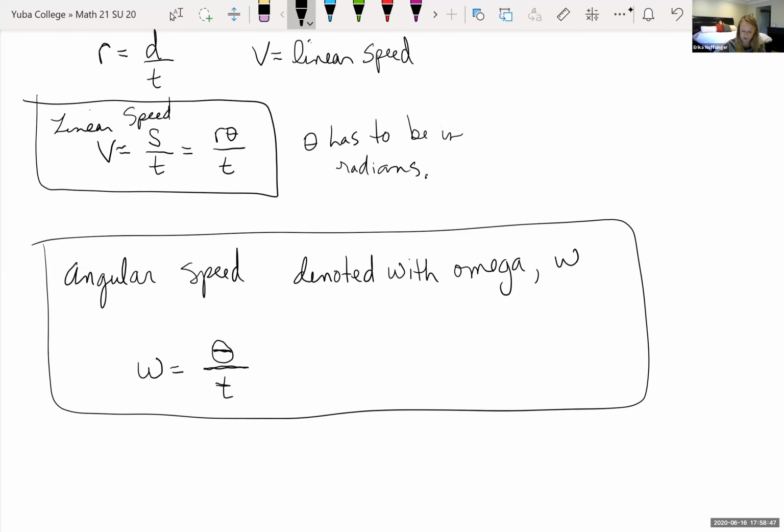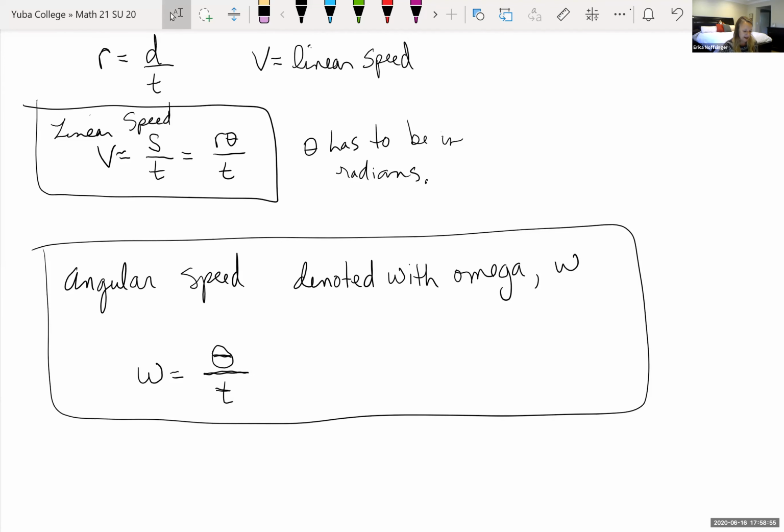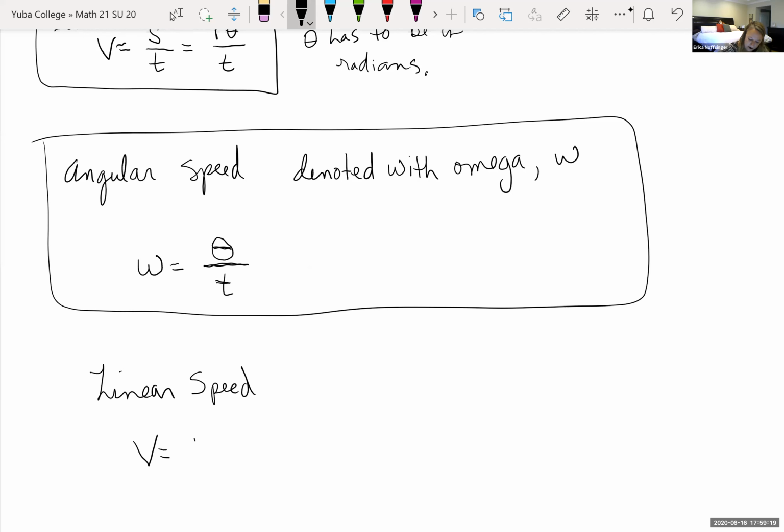I don't use this formula that I'm going to show you, but you can. I tend to just stick with these that I know and how I can figure out. But we can convert our linear speed in terms of writing it with omega. So linear speed: again, that formula we said was v is equal to r theta all over t, or s over t.